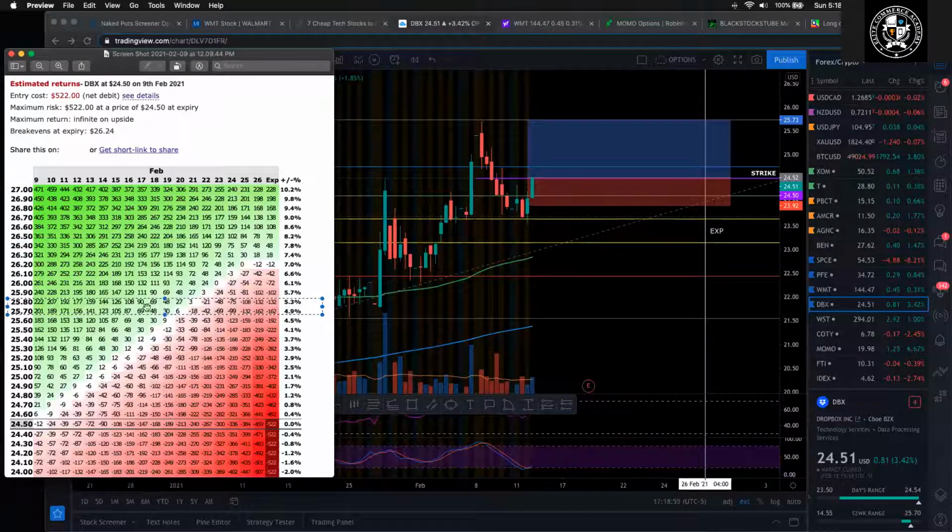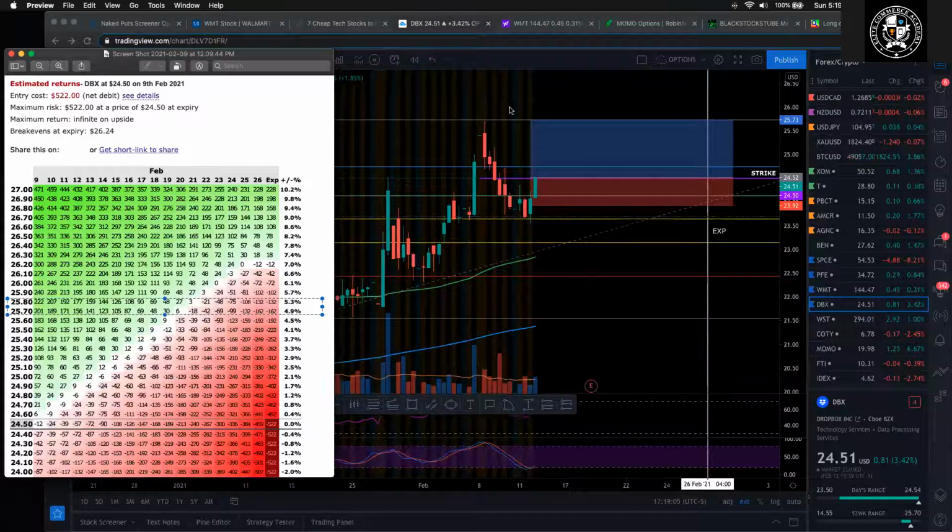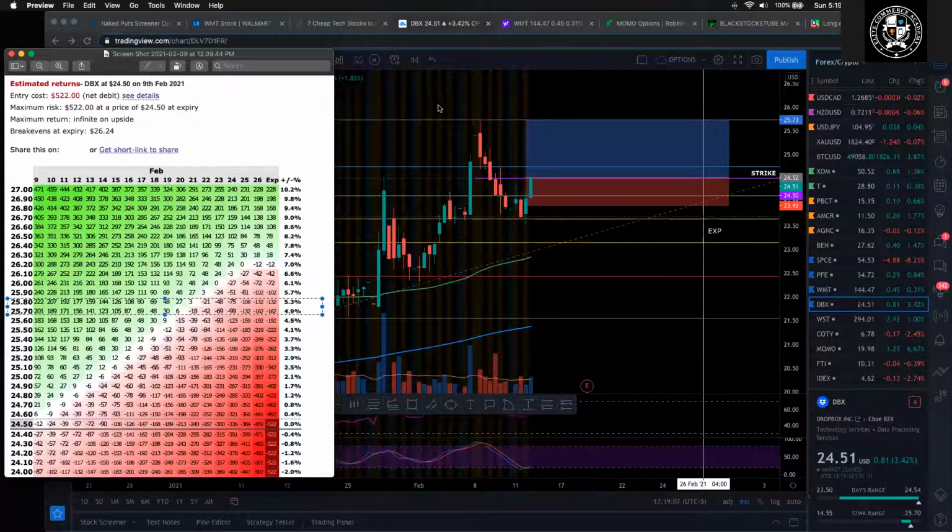If I hold it until the 18th, I might be happy walking away with between $48 to $69 profit. If it reaches this 100% level, that's cool with me. I didn't put that much money in. That's if I hold it all the way into the 18th.